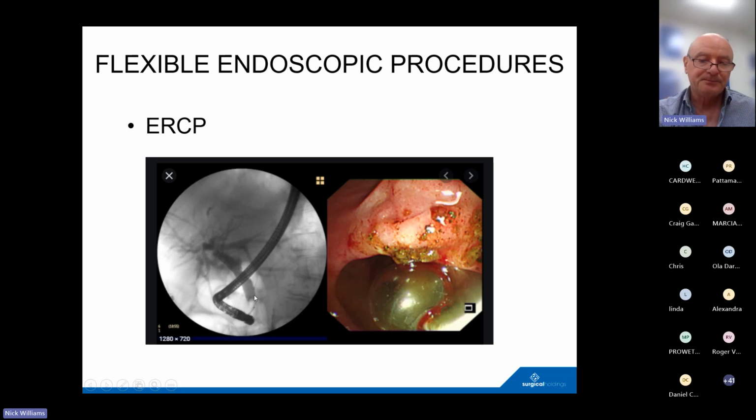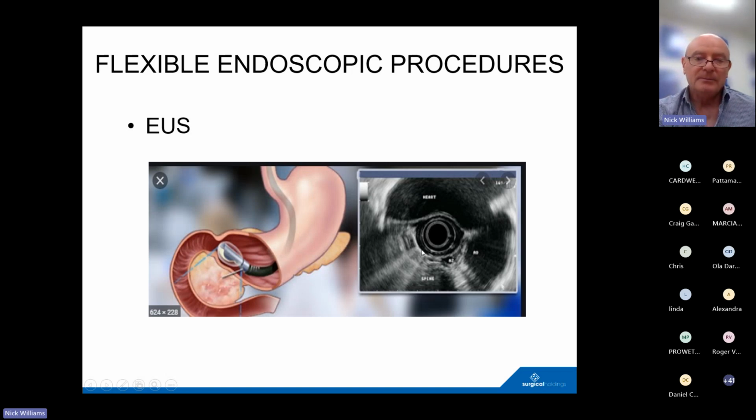You introduce contrast in, and you can see this area is all expanded, like a sort of tree, that's the biliary tree, and with a stone here, it's blocked the flow of bile, and you then get jaundice and the biliary system blows up. By using therapy you get rid of the stone, pull the stone out, and the bile flows through the biliary system.